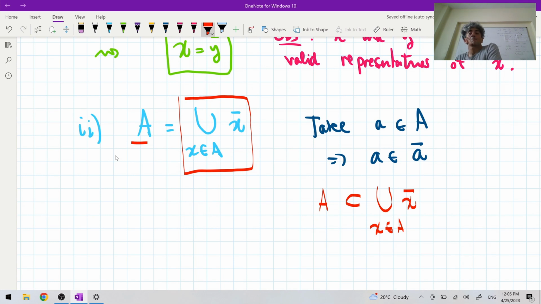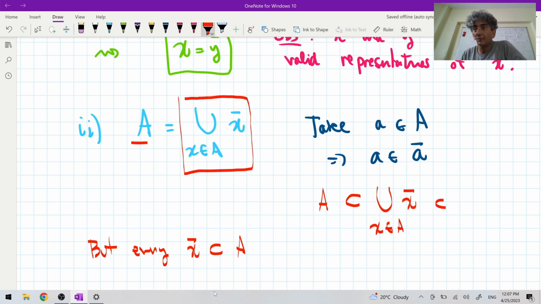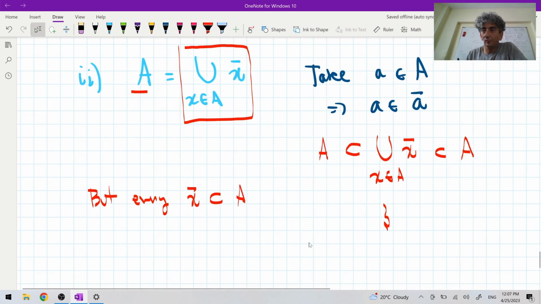Okay, but now every equivalence class is actually a subset of A. So this is a union of subsets of A. Then when you take the union, what you get is another subset of A. And this shows that we have an equality here.